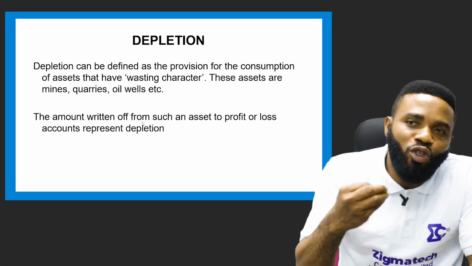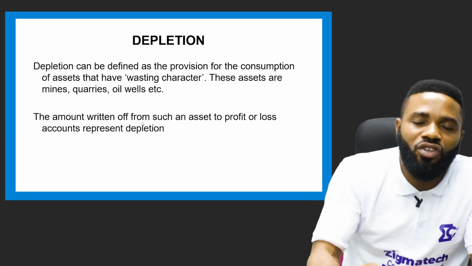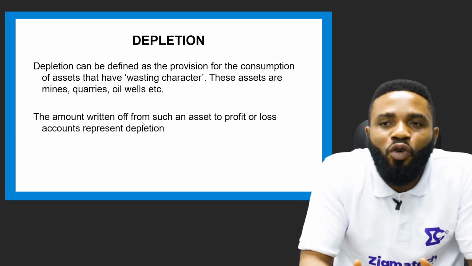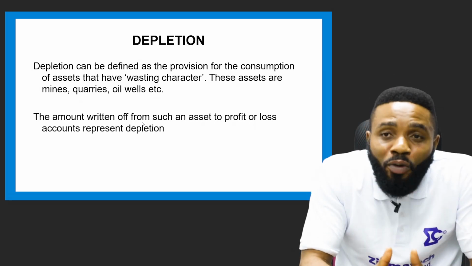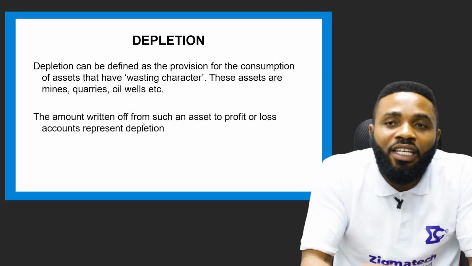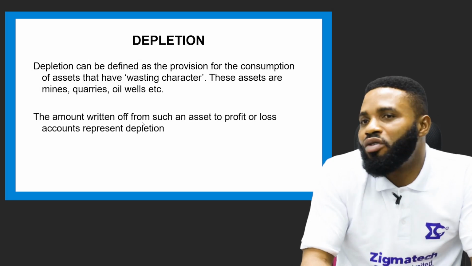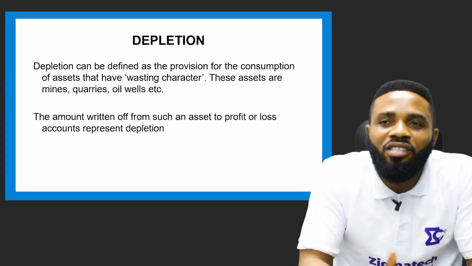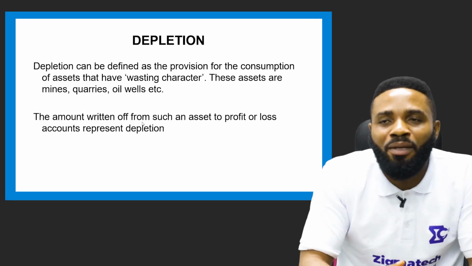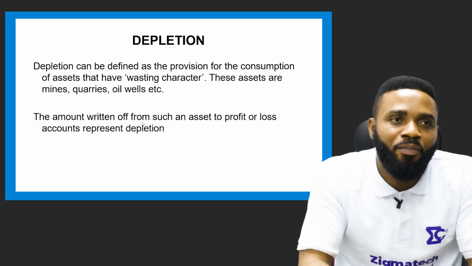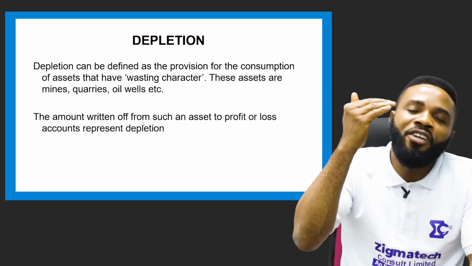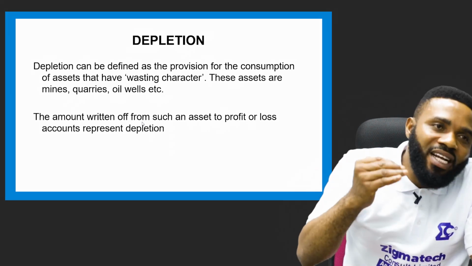By the time you have exhausted them, the fish pond will become useless. The fish pond may be there, but because there is no fish inside, it's going to be useless. At that point, you cannot say that your fish pond has depreciated. What you will say is that your fish pond has depleted.